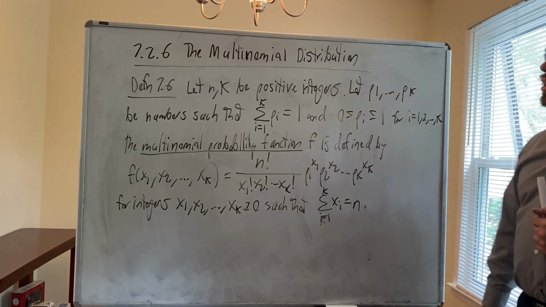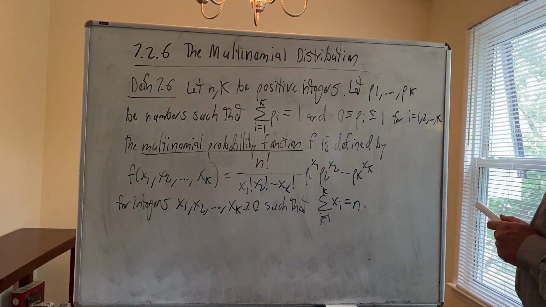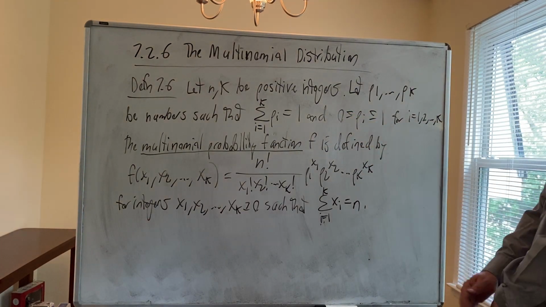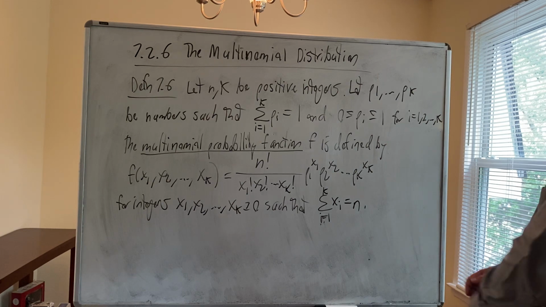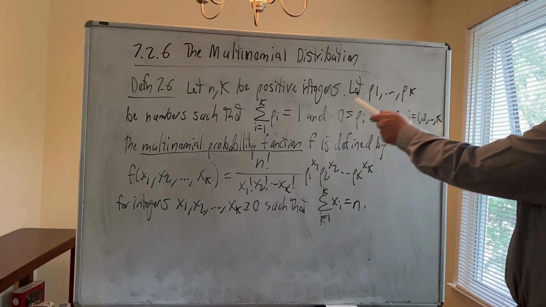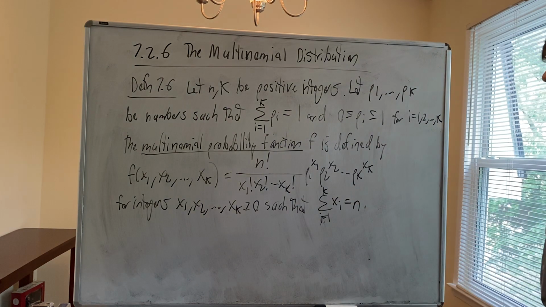Okay, definition 7.6. Let n and k be positive integers. Let p1 to pk be numbers such that their sum is 1, and each one is between 0 and 1 inclusive.